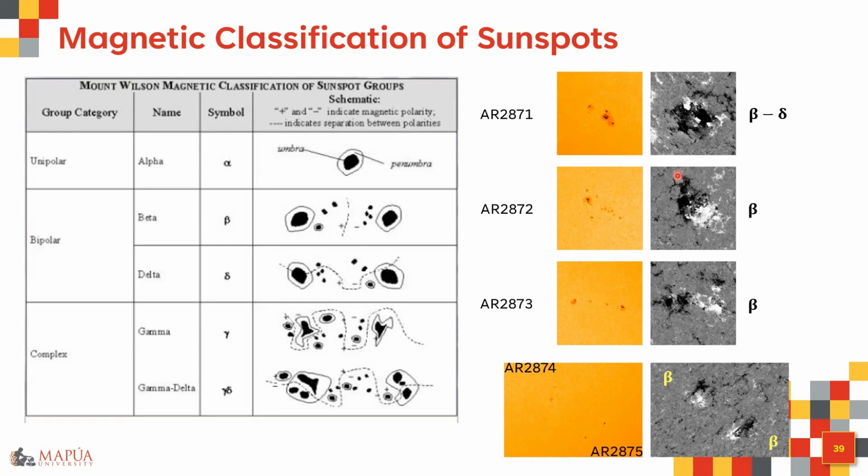In all the visible active regions right now, all of them are still in their beta category, except for AR2872, which is becoming a little bit more complicated. So it's now in the beta delta classification.